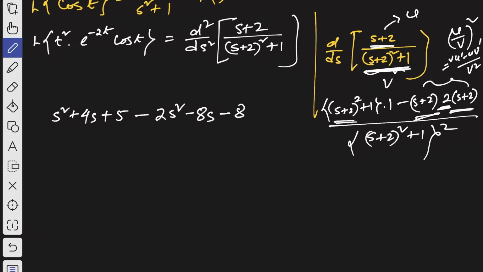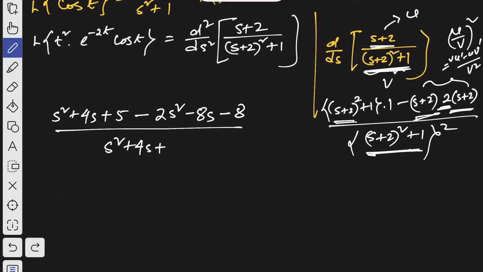That's what we will get in the numerator. For the denominator, s square plus 4s plus 4 plus 1 is again going to be 5, right? Here we have applied (a plus b) whole square, and this is 1.